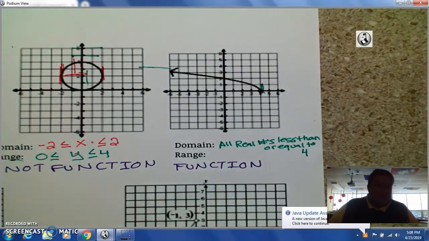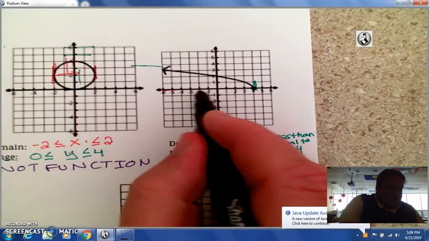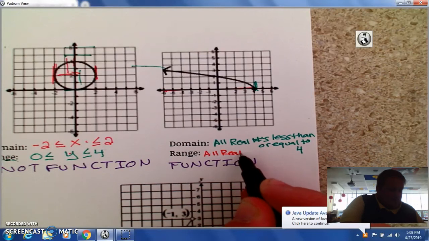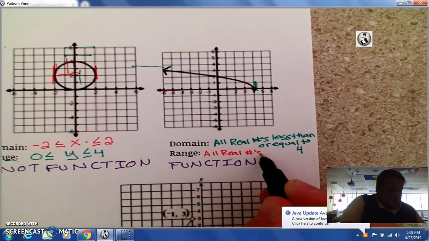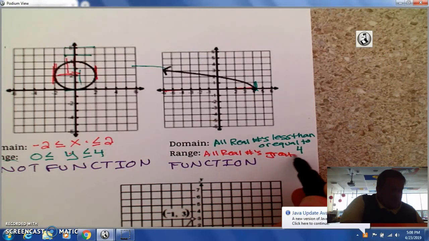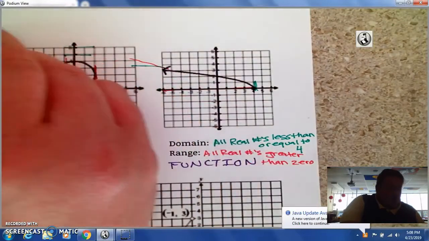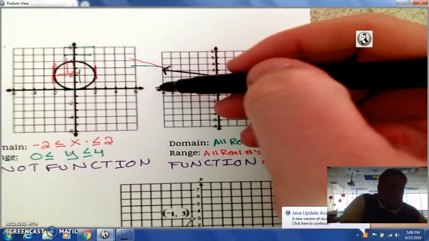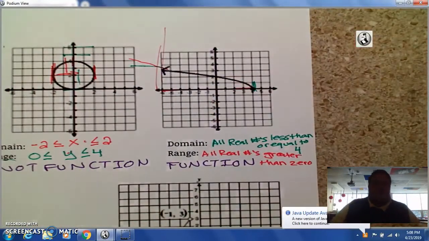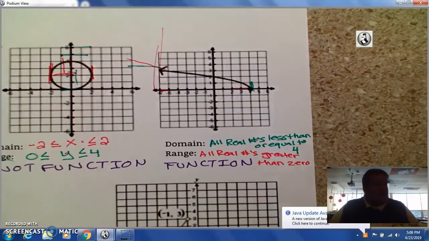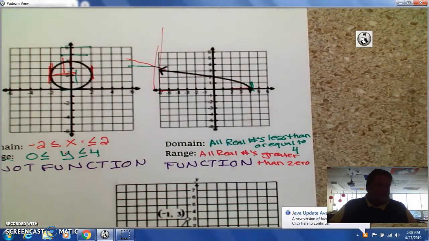Our range is the same way, goes to 0, so it's all real numbers greater than 0. Because again, this is going to keep on going and going. Skyrocket, it is going to include all these y's eventually. Because it's not like a straight line. It is going upwards. Slow as molasses, but it's going upwards.